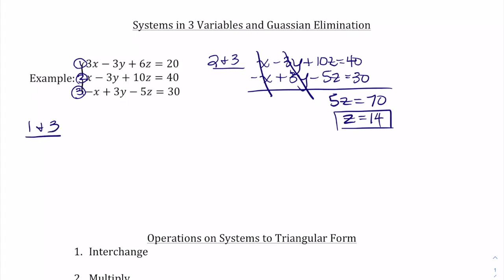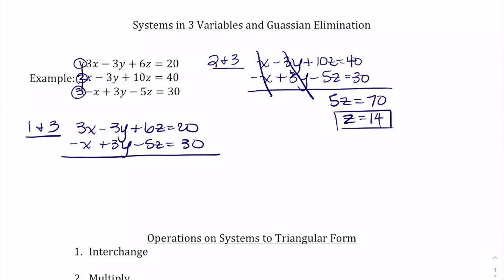The reason that I'm doing that is because these y values are going to cancel without me having to multiply this equation by a number. With elimination, if they won't cancel, remember you have to multiply by something so that they would cancel. In this case, these are going to do that without me having to do any work.